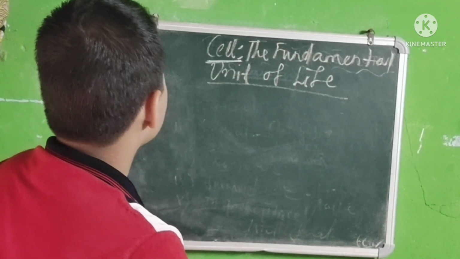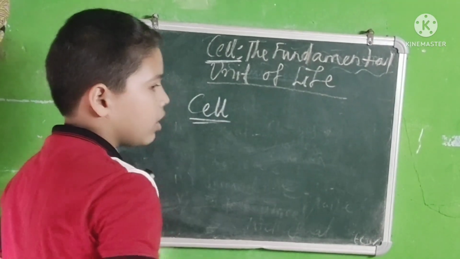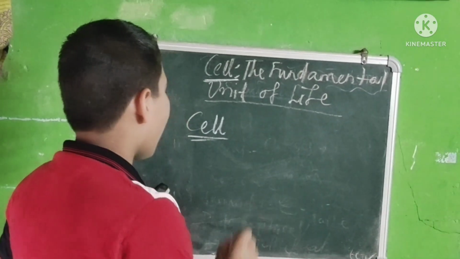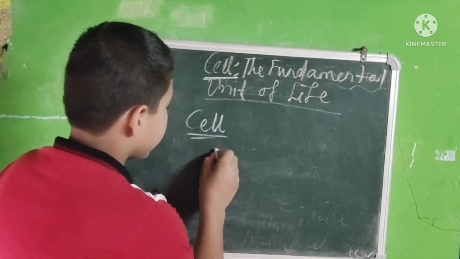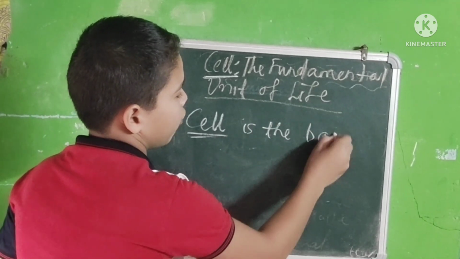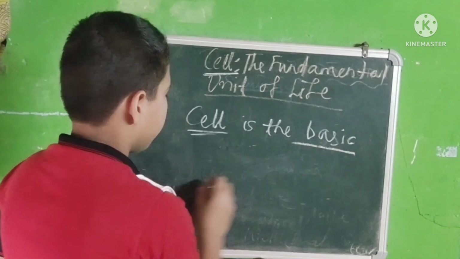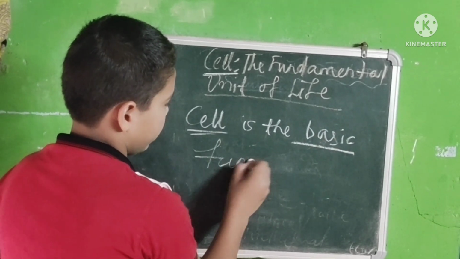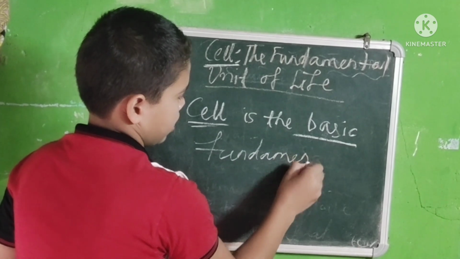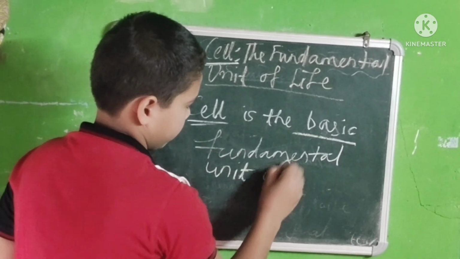You might have known what a cell is. From class 6 you have all been reading that the cell is the basic fundamental unit of life. Okay, basic fundamental unit of life.